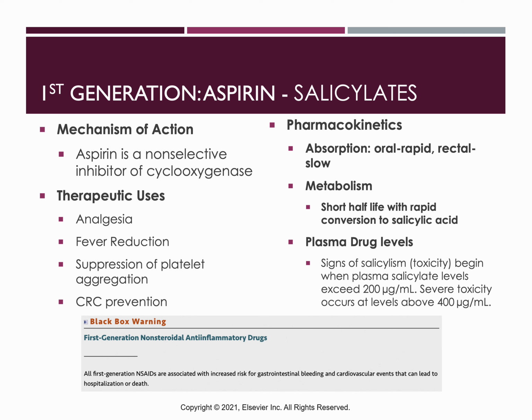The higher doses that are commonly prescribed will have no greater protection for cardiovascular disease risk reduction, but will increase the risk for GI bleeding. And that's why it's very common to see doses like 81 milligrams a day for our cardiac patients or patients that are at risk for cardiac damage.